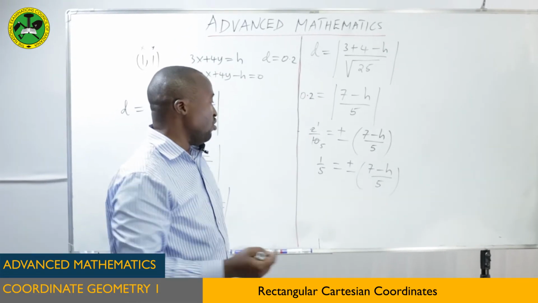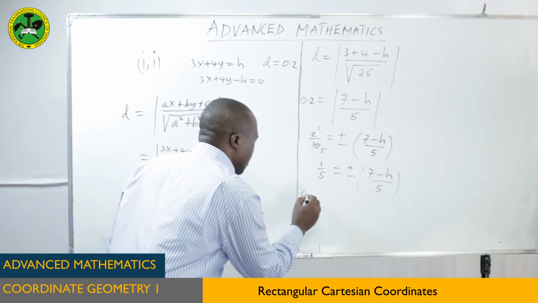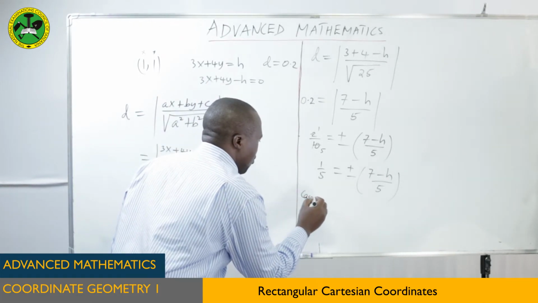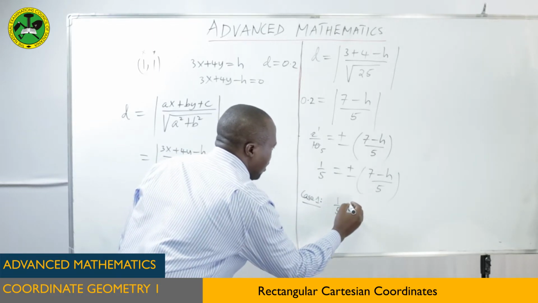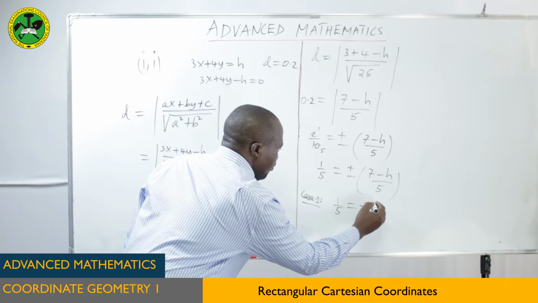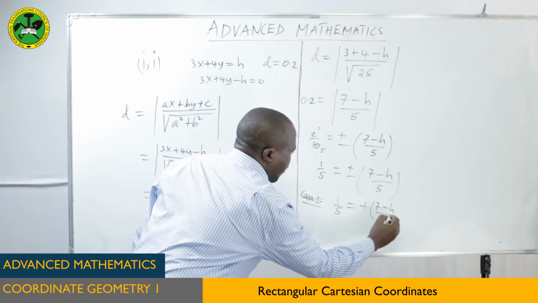So case 1, we are going to start with positive. Case number 1, we are going to start with 1 over 5 is equal to plus 7 minus h over 5.